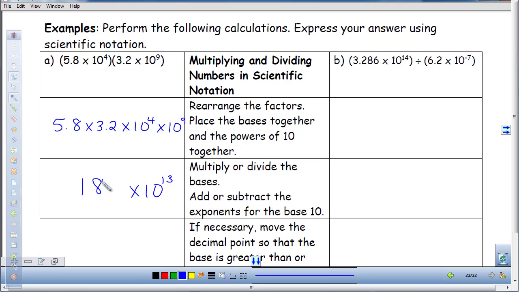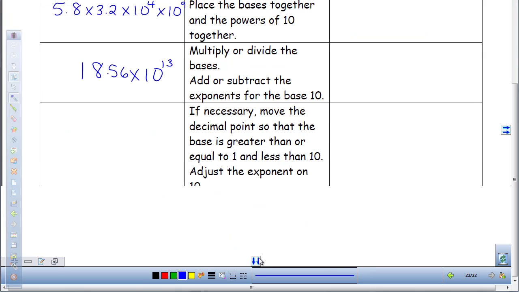18.56. Now, is this number in scientific notation? No, because the base is not between 1 and 10. So it says if necessary, move the decimal point so that the base is greater than or equal to 1 and less than 10, and then we're going to adjust the exponent on 10.